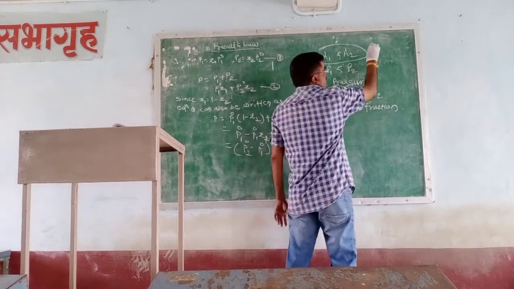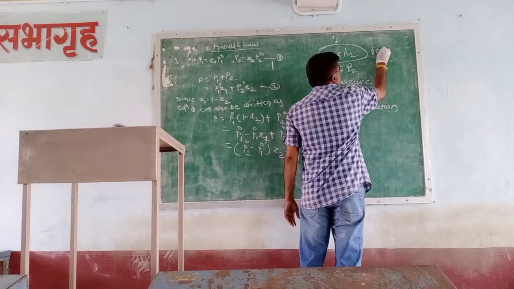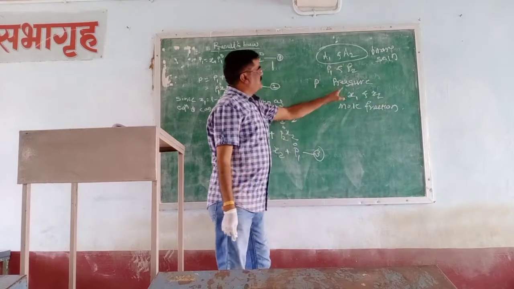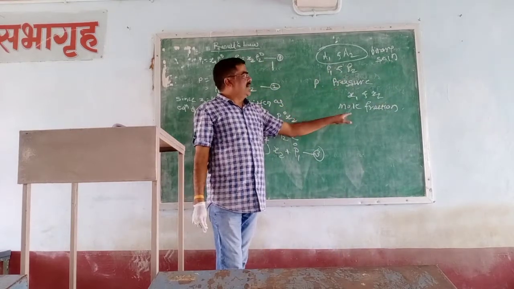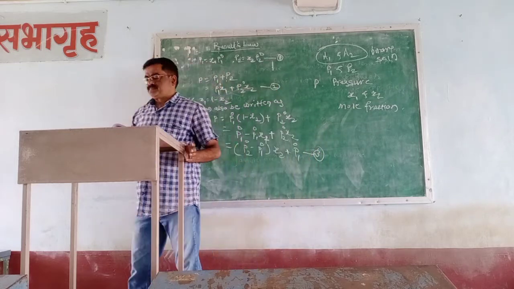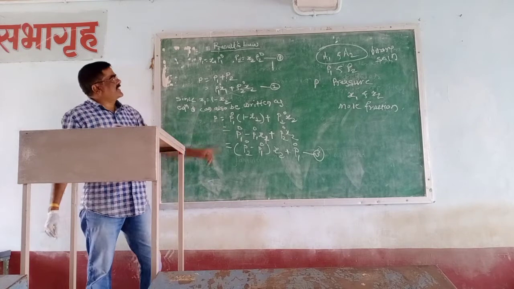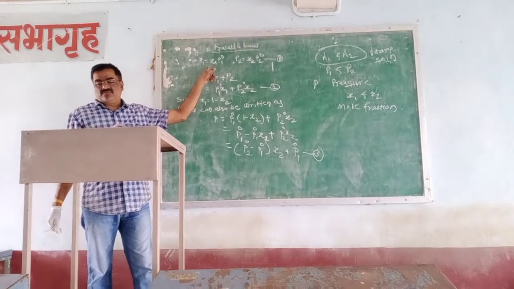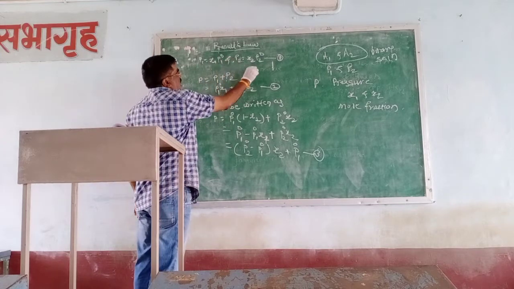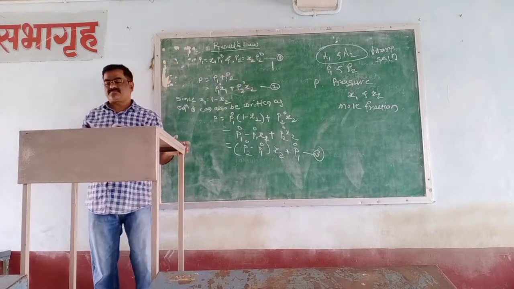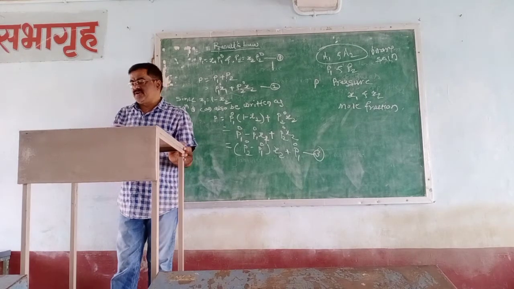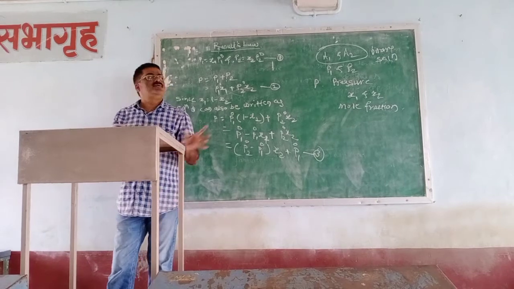Then, according to Raoult's law, we can write P1 is equal to X1 P1 naught and P2 is equal to X2 P2 naught, where P1 naught and P2 naught are the pressures of the pure liquids A1 and A2 respectively.